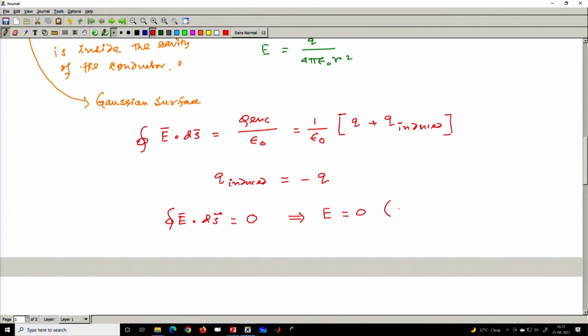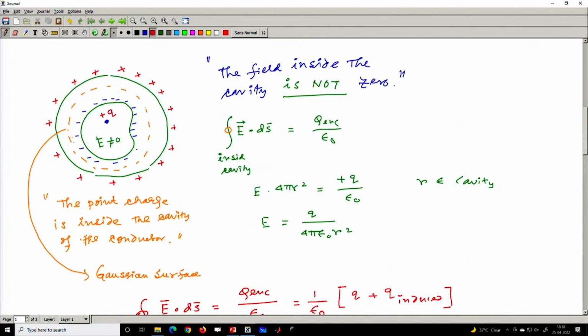This is where? Inside the conductor. But not the cavity. Inside the conductor means only this annular region, in this region.